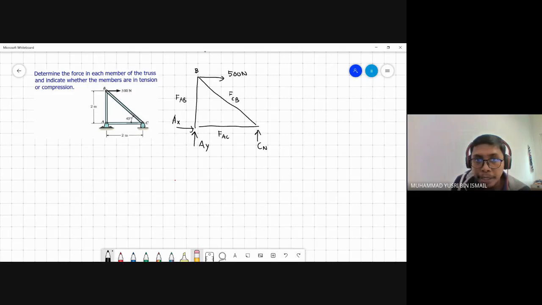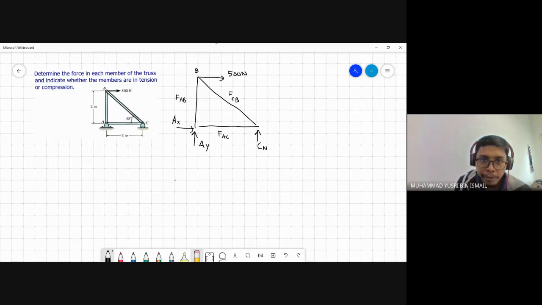Meanwhile, for B, we have 500 Newton, and then we also have the forces FCB and FAB. So it only has two unknowns. So by knowing this, we know that we can solve the unknowns starting from joint B.